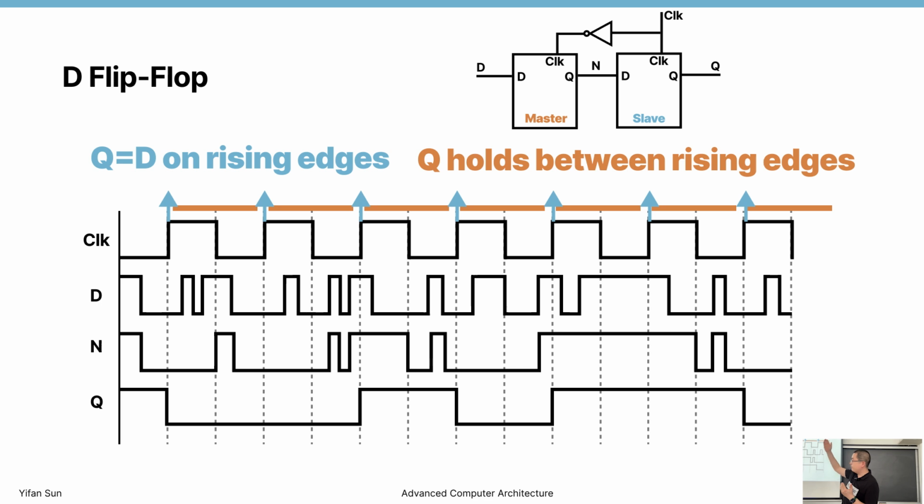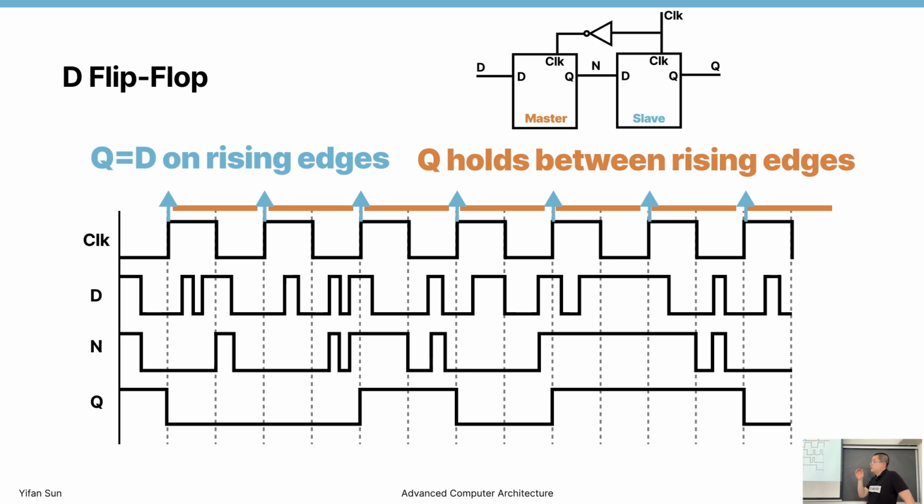When we have a rising edge, suddenly the slave closes, then N's data flows to Q, and N is disconnected from D. After that, no matter what D changes to, D's value will not flow to N and not to Q. So when we have a rising edge, Q equals D for a short moment.